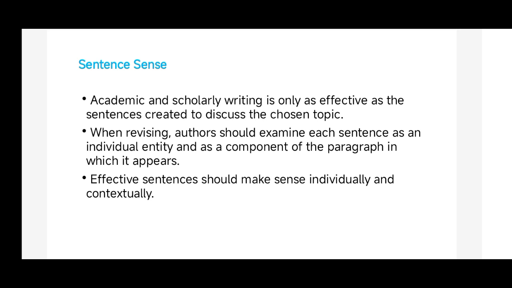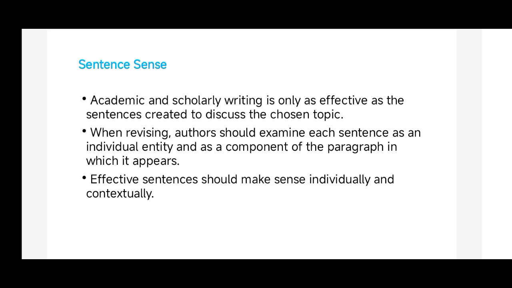Now, as I told you, academic scholarly writing is the effective sentence created to discuss a topic. While revising, the author should examine each sentence as an individual entity and as a component of the paragraph in which it appears. Each sentence is an individual entity; at the same time, the sentence is a component of a paragraph.